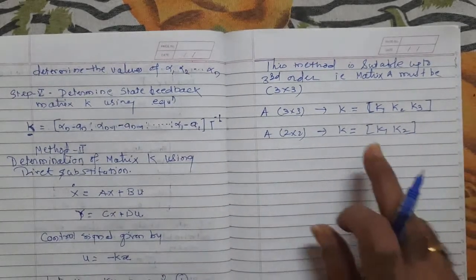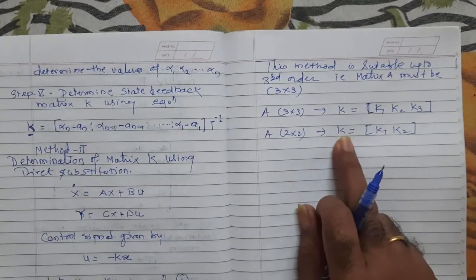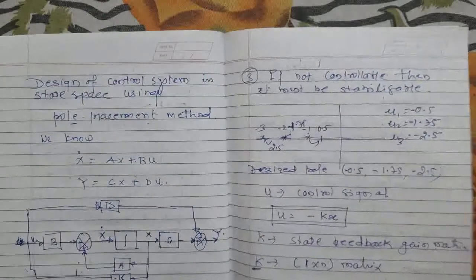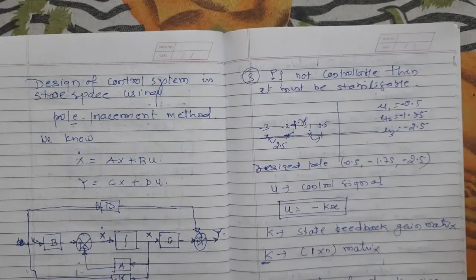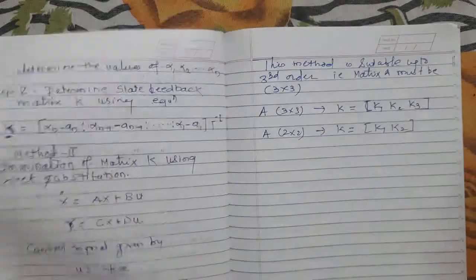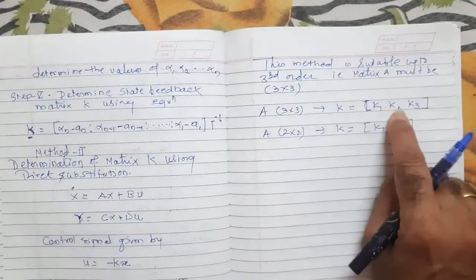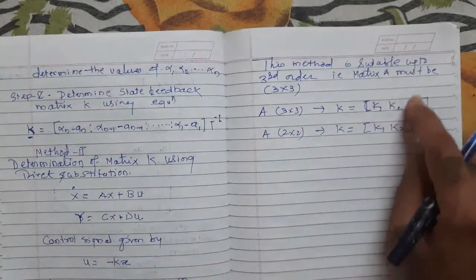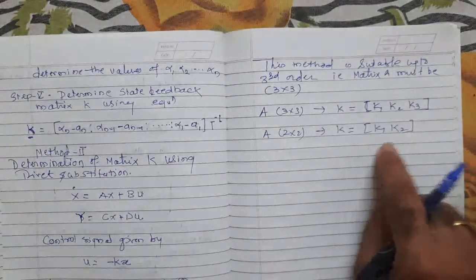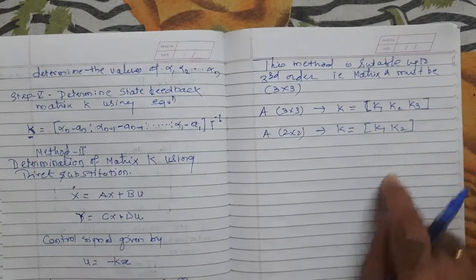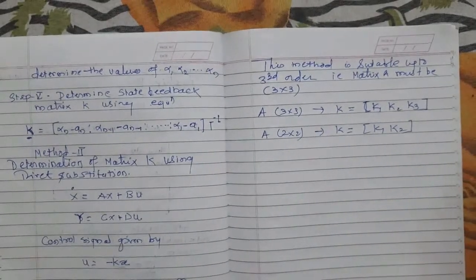And we know that the matrix K is always 1 multiplied by n. It is a 1 by n matrix. That means one row is there and n columns are there. Here one row is there, and K1, K2 and K3 are the 3 columns. So it is a 1 by n matrix.